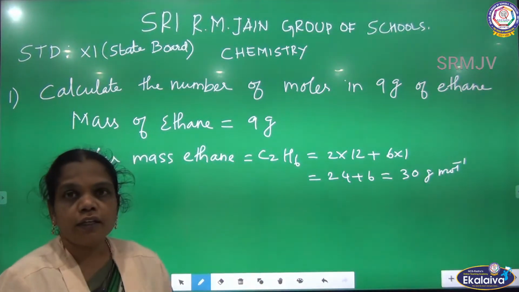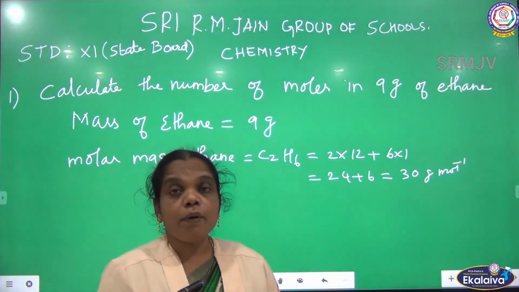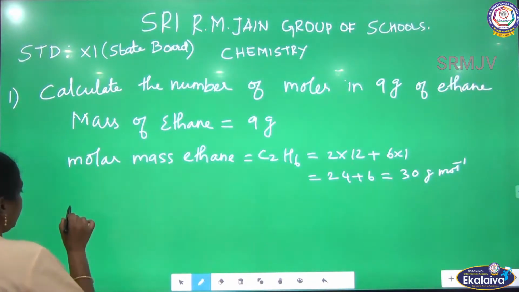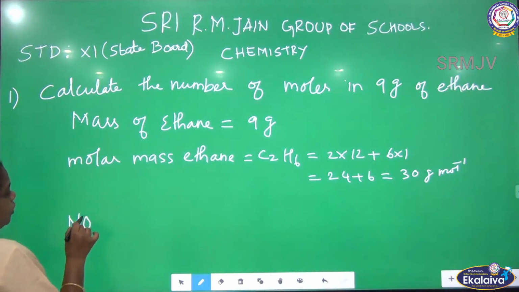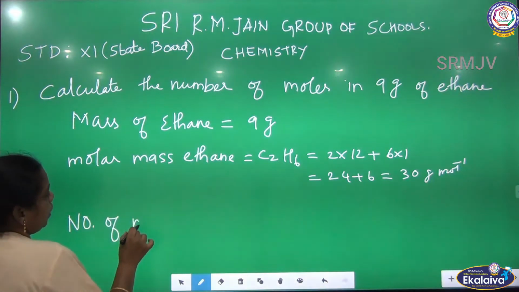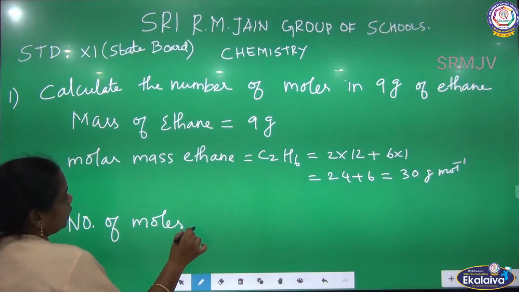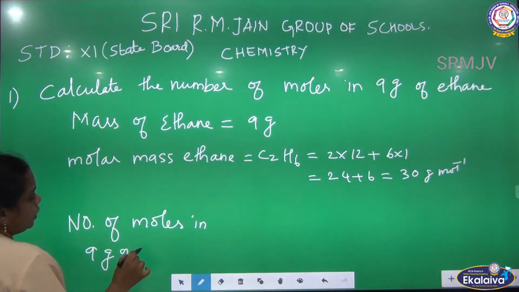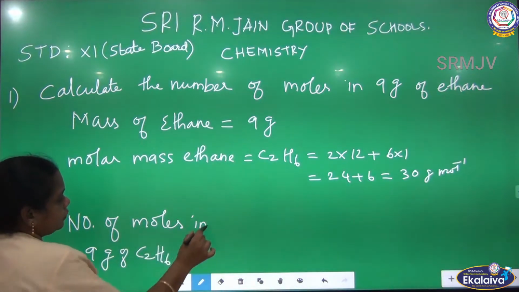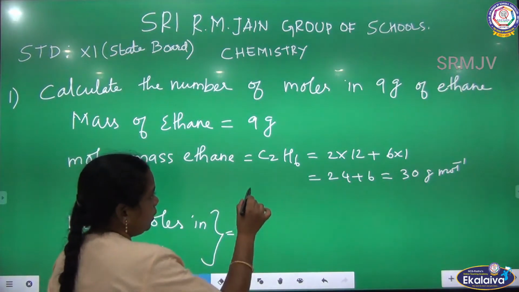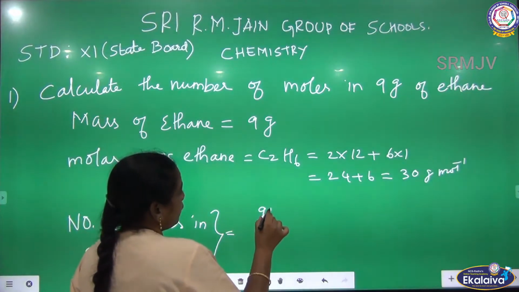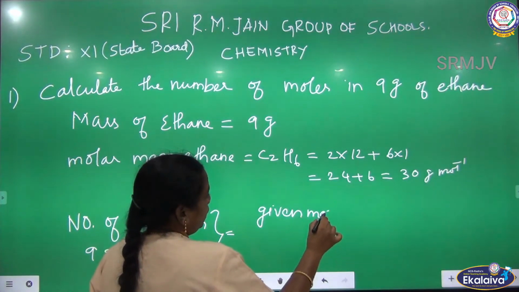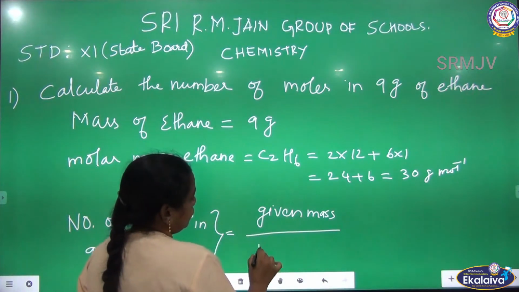Now we are going to calculate the number of moles present in 9 gram of ethane. So next, number of moles in 9 gram of ethane is nothing but the given mass divided by molar mass.